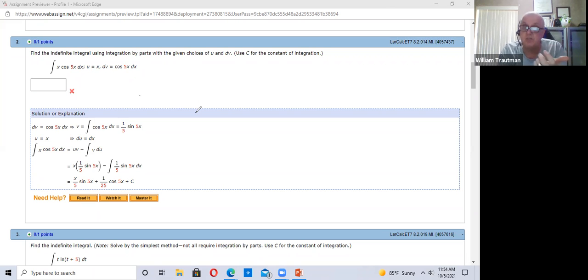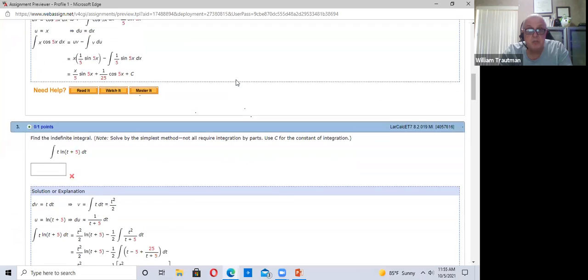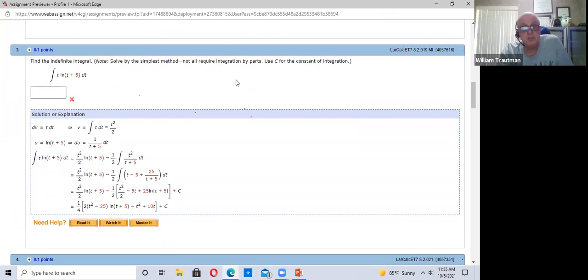And then if you want to experiment and switch them around, make u the dv and the dv the u, you should get the same answer. I've seen some people who couldn't integrate it one way, but they can take the derivative that way, or the other way around.